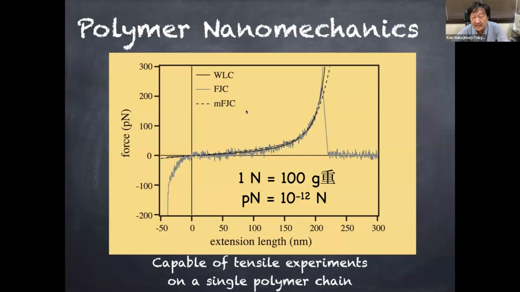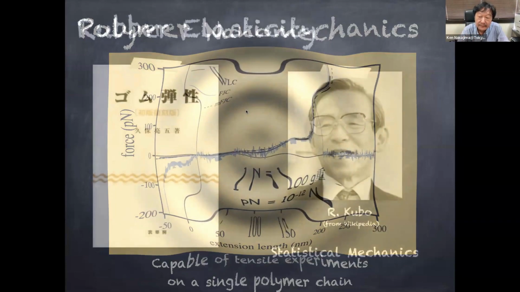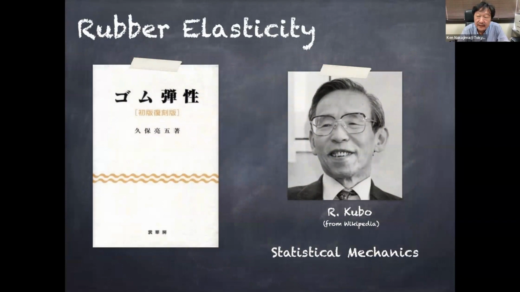So this is one example of polymer nanomechanics, which is my expertise. Because a rubber band is full of chain-like molecules, how do we connect such a small world to the macroscopic rubber band?